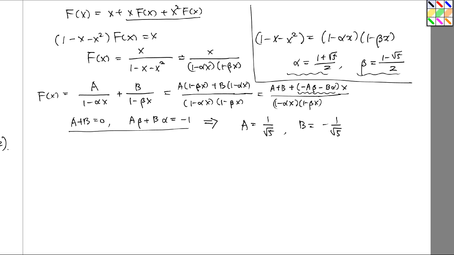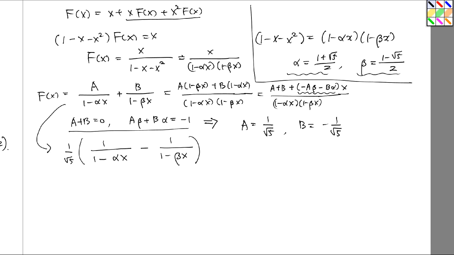So what now? F of x, if I write this again, we get 1 over square root of 5 times 1 over 1 minus alpha x minus 1 over 1 minus beta x.